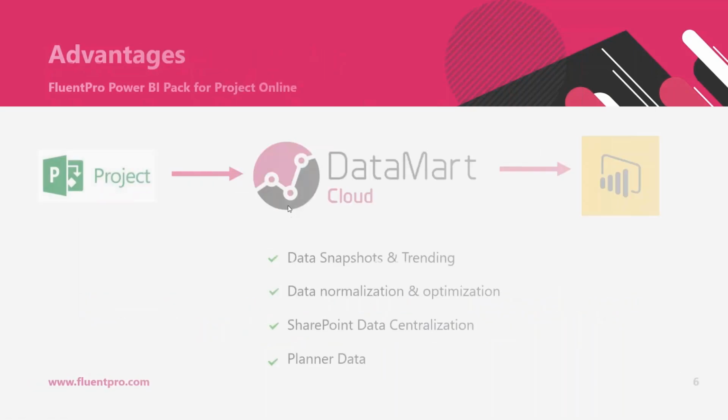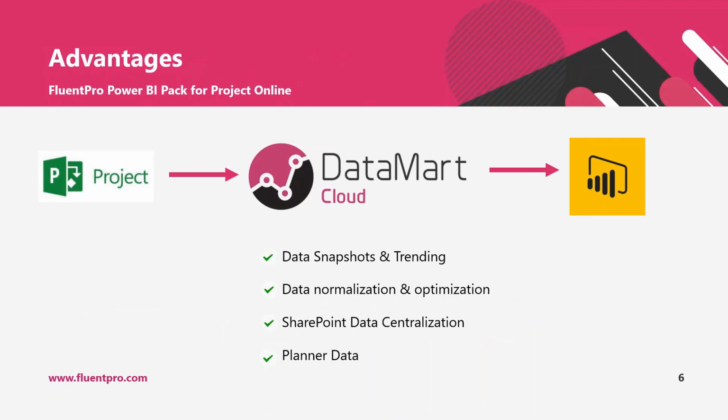So very quickly, about the architecture: the advantage of our system is that we provide not just Power BI reports, because we provide two solutions. We provide a solution called FluentPro DataMart Cloud that is connected to Project Online. The reason for having this solution is that we need to be able to create data snapshots and trending.